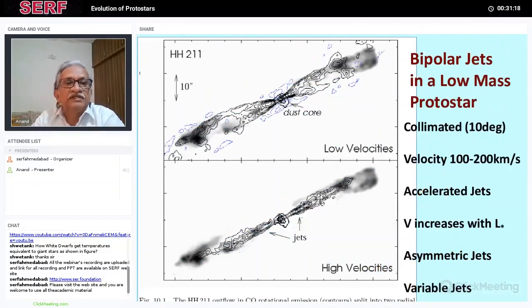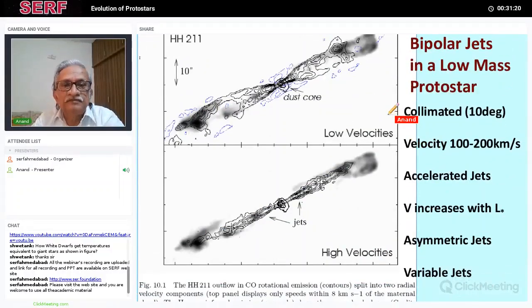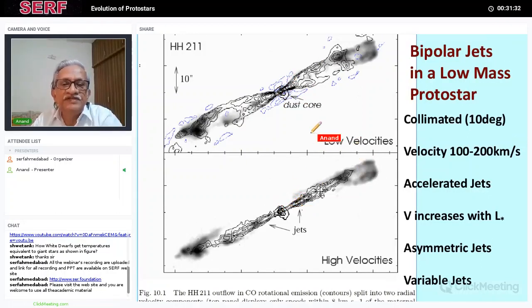Now the same object in two velocity regions. So this is the molecular hydrogen, these are the contours of the carbon monoxide, and this is the dust core. The same thing here, but this is shown in the low velocities, velocities below about 8 kilometers per second.